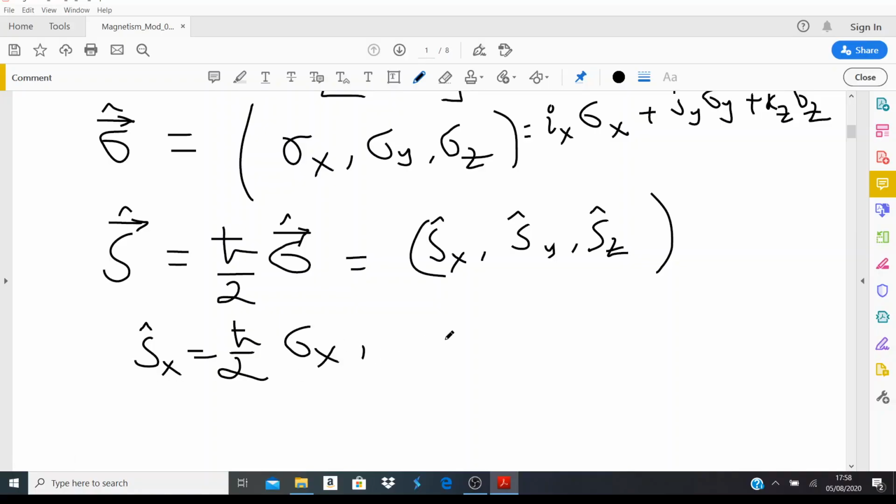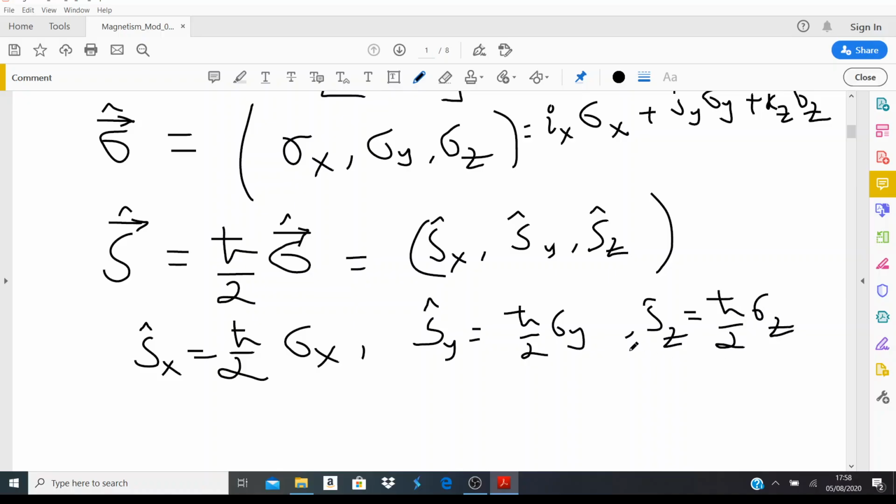The y component of the spin operator is h bar by 2 sigma y, and the z component is h bar by 2 sigma z. That's why these Pauli spin matrices are very important, because they specify the spin operator of the electron.